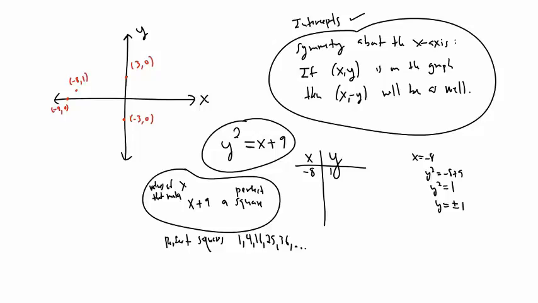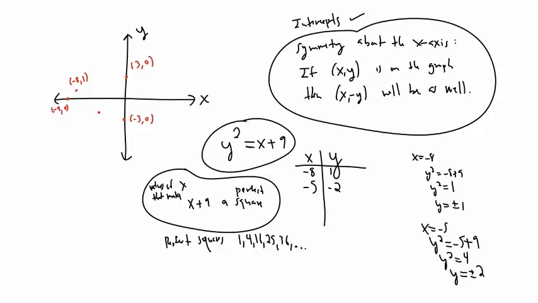And another solution would be trying to make x plus 9 equal to 4. So x is minus 5. Y squared equals 4, and we get the values plus or minus 2 for y. So for example, this is another point on the graph. Minus 5, comma minus 2.